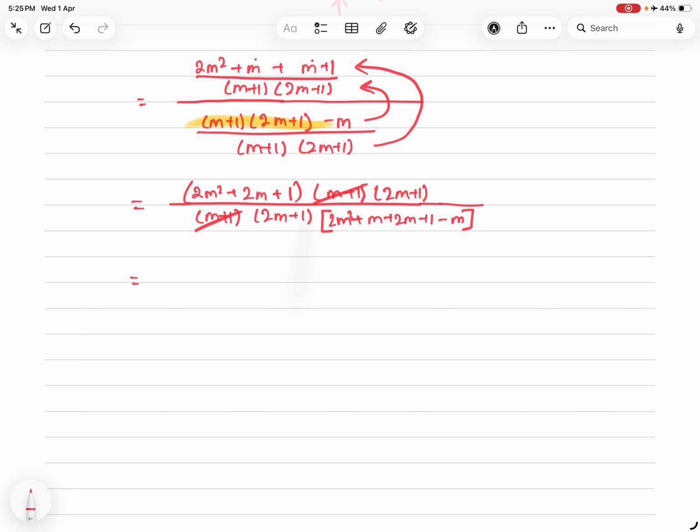Cut this, cut. It's just so satisfying to cut. So we get 2m square plus 2m plus 1. Now cut this one, cut this one. Nice, 2m square plus 2m plus 1. Now one last final touch. Cut. We got answer 1.